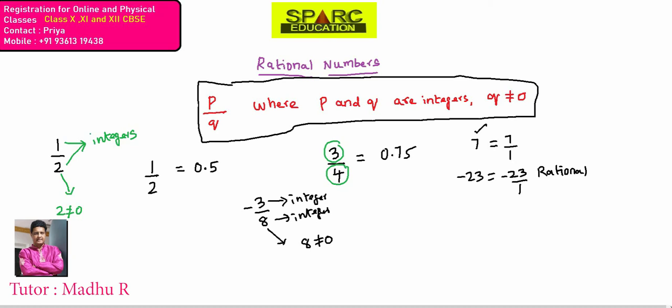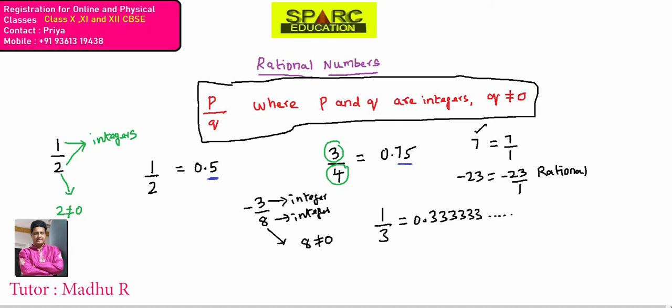So a rational number, if expressed in decimal form, could either stop with 1 digit, or it could stop with 2 digits, or for example, if you had something like 1 by 3, it is 0.333333 and it never stops.